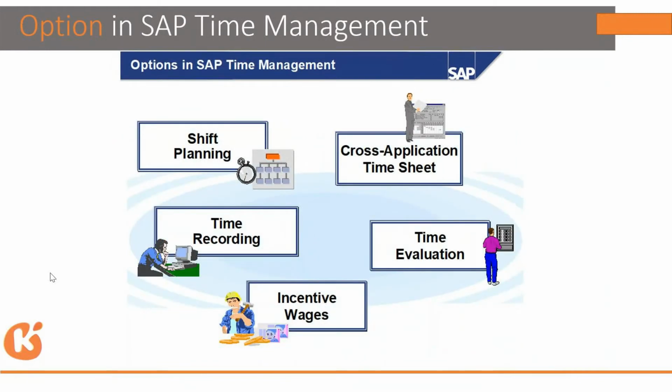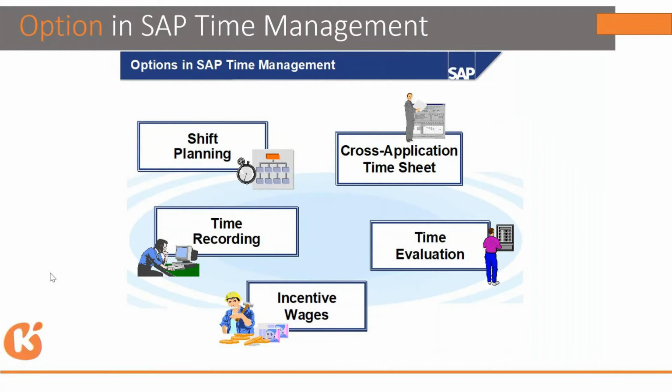Next slide. These are the main components in time management, in which all the time components are required. First is shift planning. Shift planning is where your manager or your organization decides the time, or how many working hours the employee has to work. Shift planning will be done by your manager.